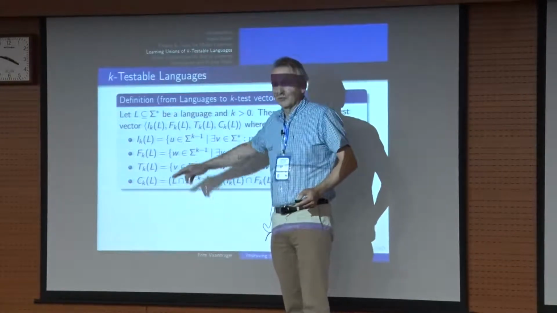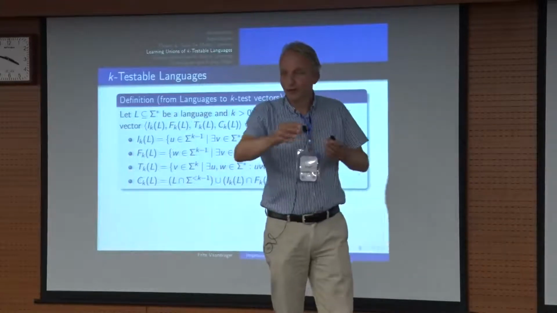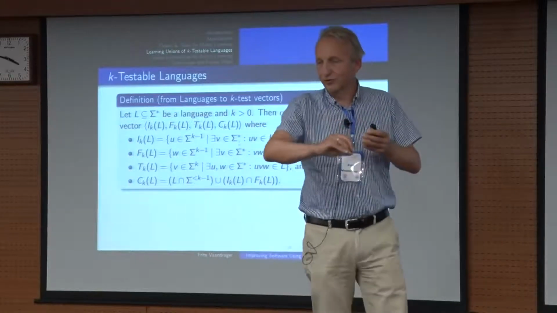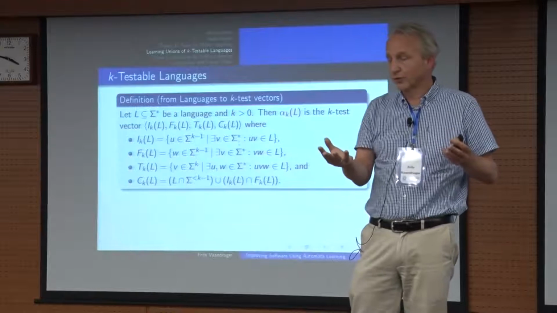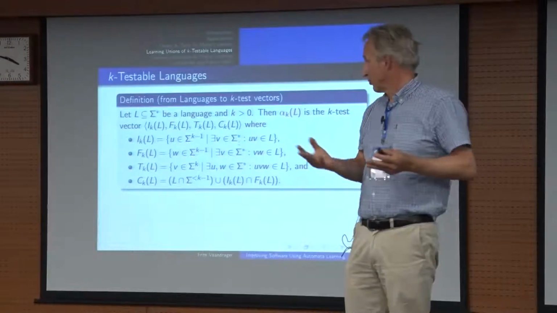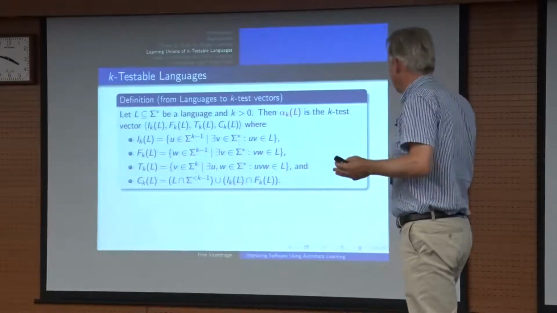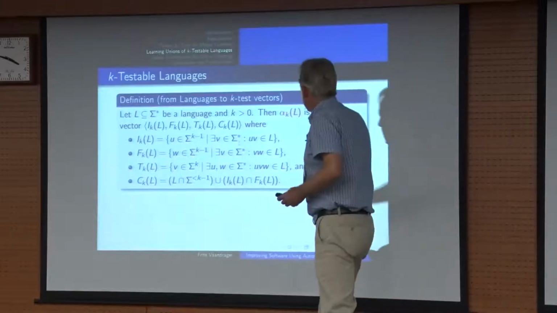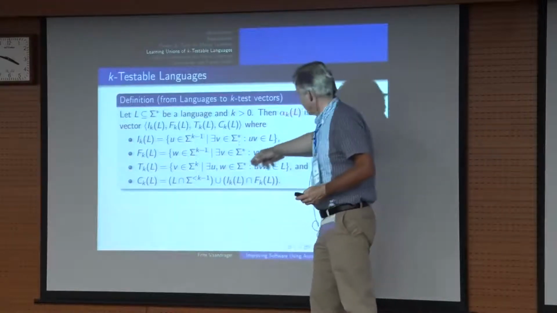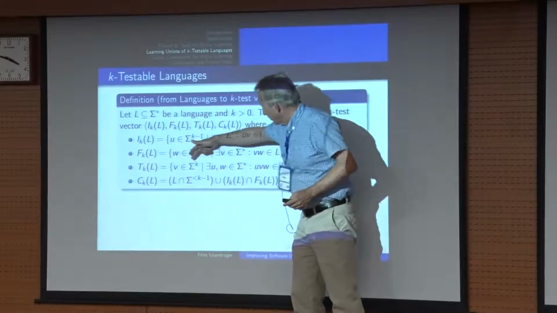The initial fragments are just all the possible initial fragments that occur in words from the given language L. Same for the final fragments, and same for the segments. So what is a segment?